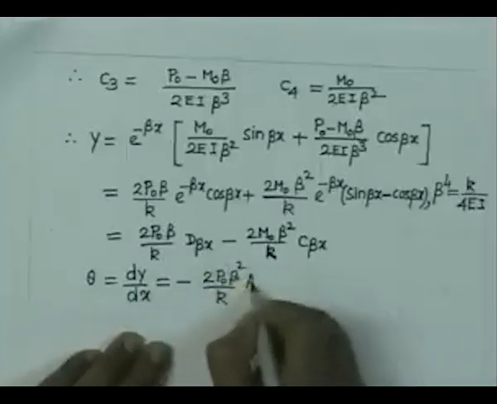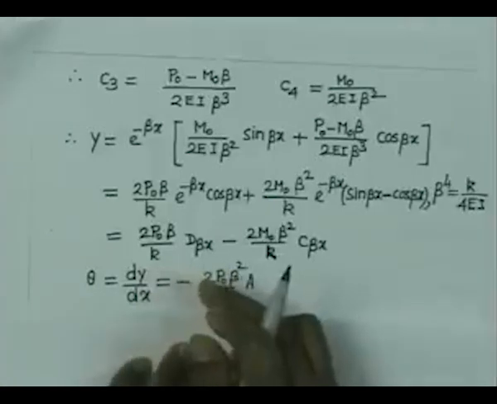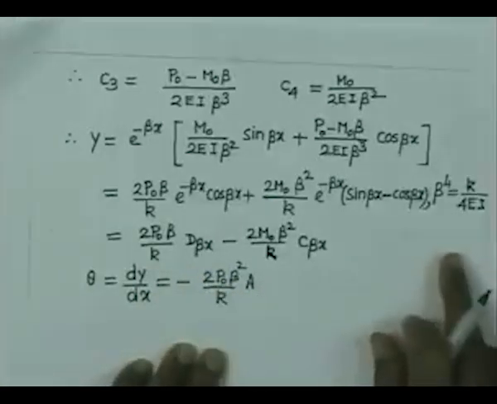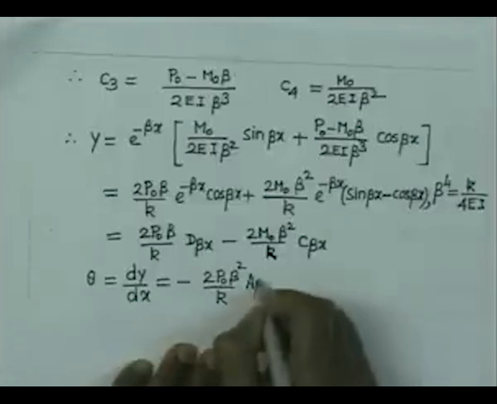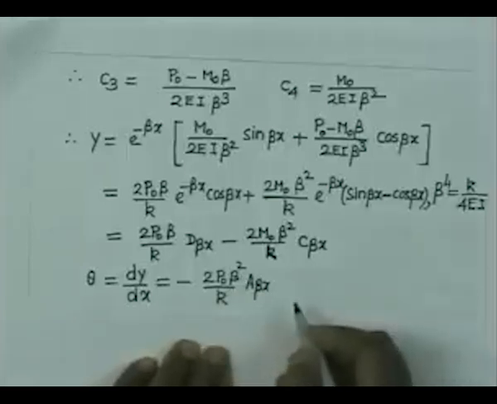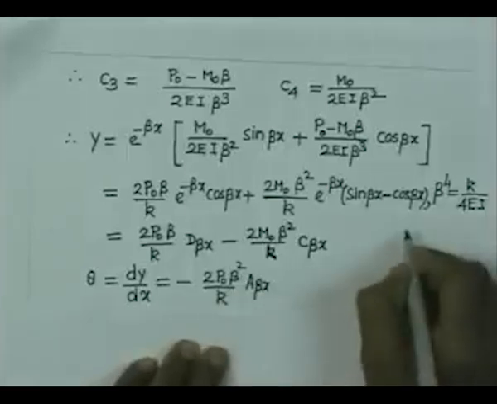If we differentiate this, it will give us minus 2 beta B beta x. So, therefore, this can be written as minus 2 P0 beta square by k, that is A beta x.